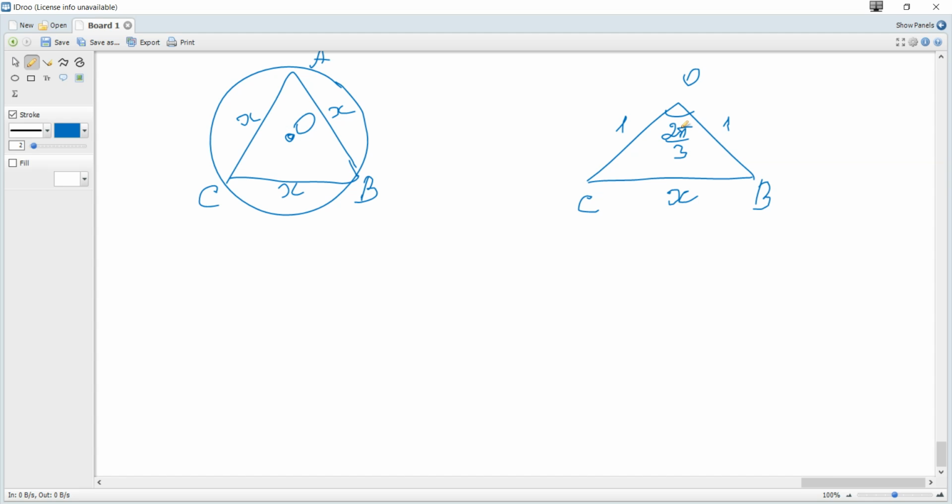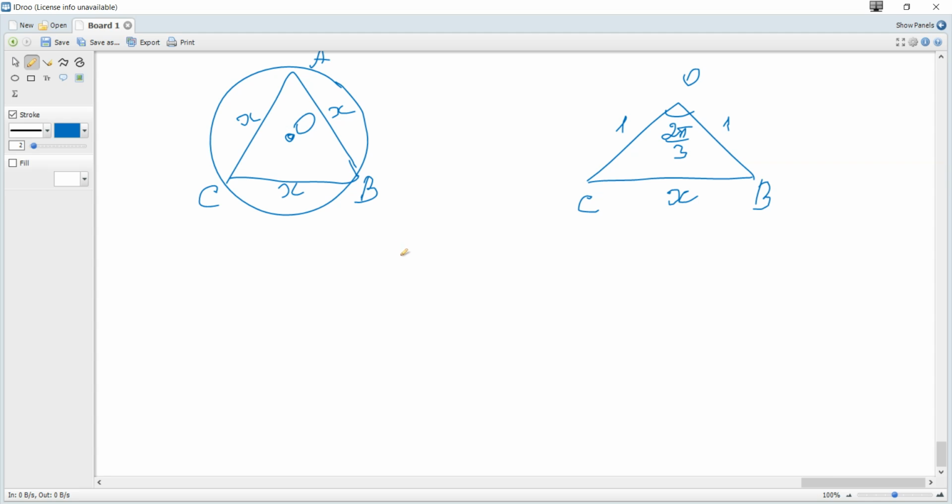Using right angle trigonometry or otherwise, show that the perimeter of the equilateral triangle ABC is equal to 3 root 3 units, 3 marks. Perimeter is 3x. x can be found from triangle BOC, and we can apply, for example, the cosine rule.